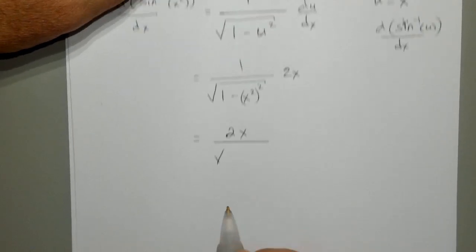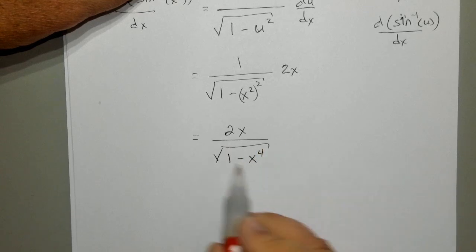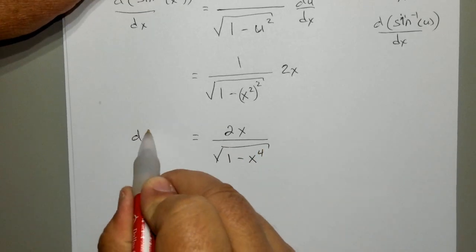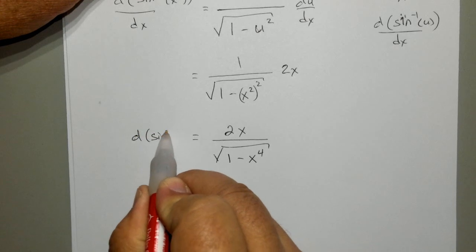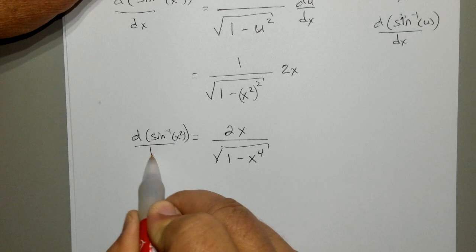Two x over 1 minus x to the fourth. And there's the derivative of our inverse sine function of x squared.